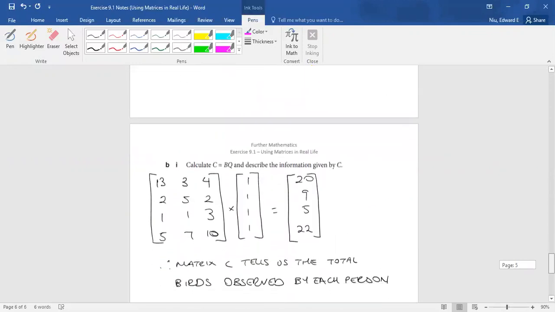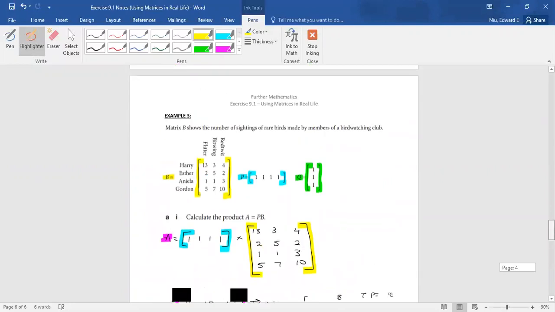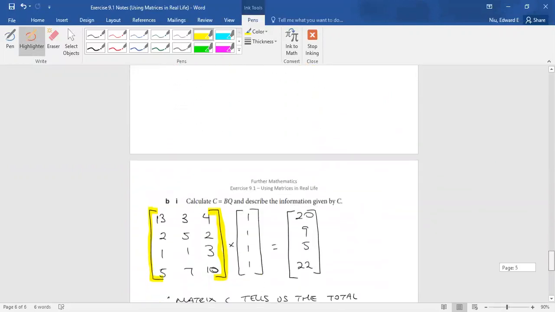Matrix B was in yellow. I should have written matrix C equals here, but hopefully you will do that in your notes. And matrix Q, what color was that? Green.